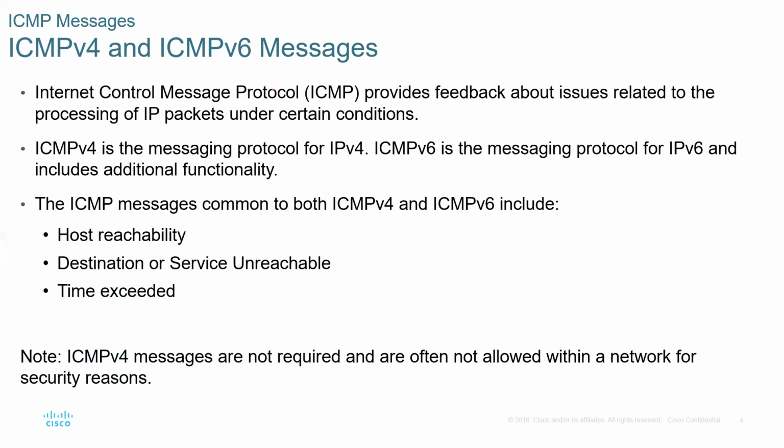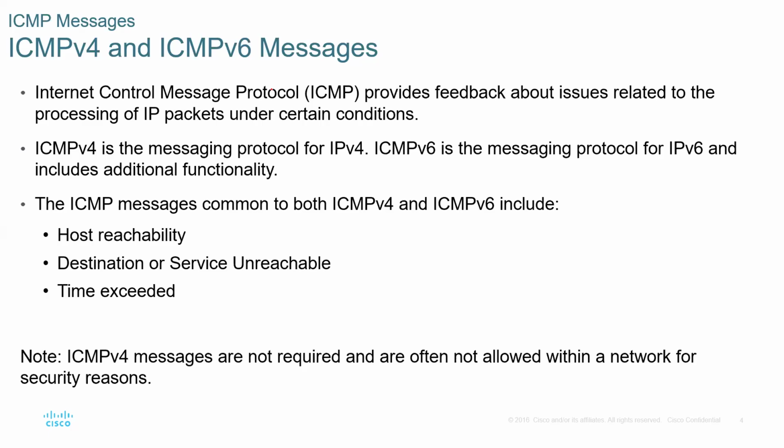Internet Control Messaging Protocol provides feedback about issues relating to the processing of IP packets under certain conditions. ICMP version 4 is the messaging protocol for IP version 4, and ICMP version 6 is the messaging protocol for IPv6, and it includes additional functionality.